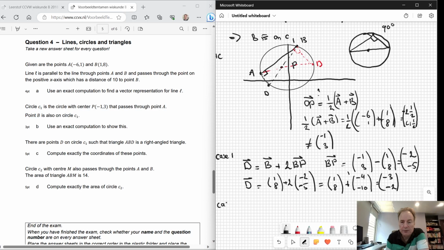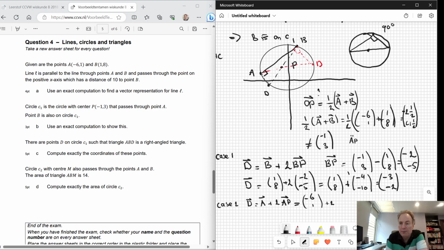Now case 2, in that case D is A plus 2 times the vector from A to P. That is minus 6, 1 plus 2 times... okay, I need to also calculate AP.